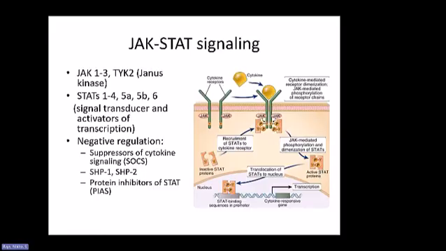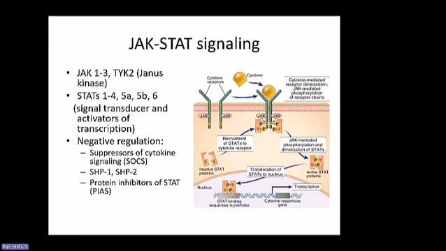Now let's think about the type 1 and type 2 cytokine families. There, the receptors bind to the cytokine, say IL-2, right? 2, 4, 7, 9, 15, 21. Remember those. Those are for the type 1 common gamma chain family.